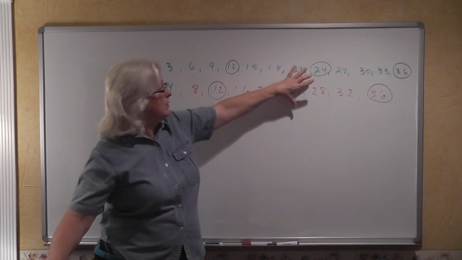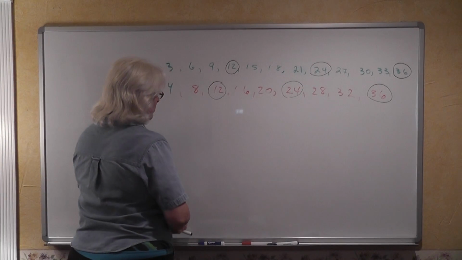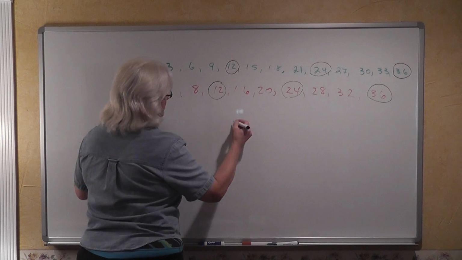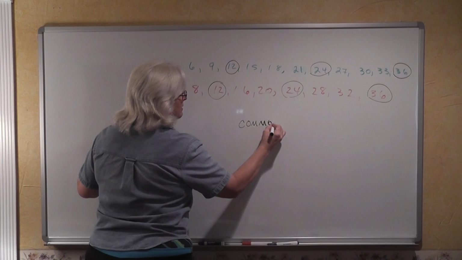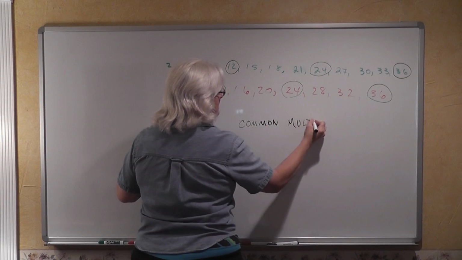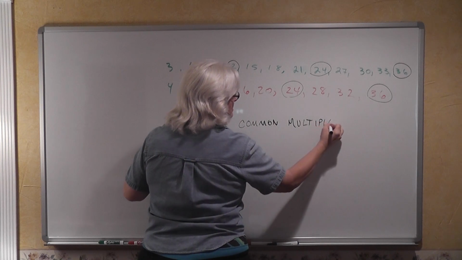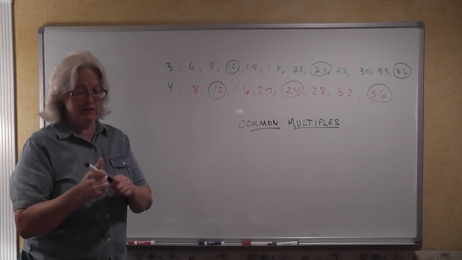These are going to be what we call common multiples of 4 and 3. Common multiples. And this doesn't mean anything mysterious. This is just a very straightforward English definition.